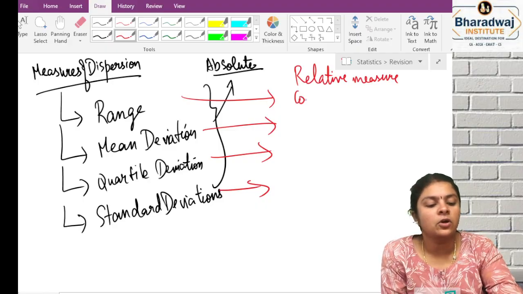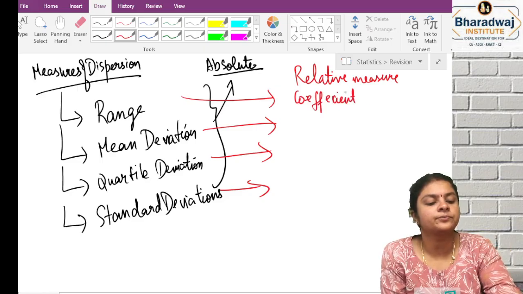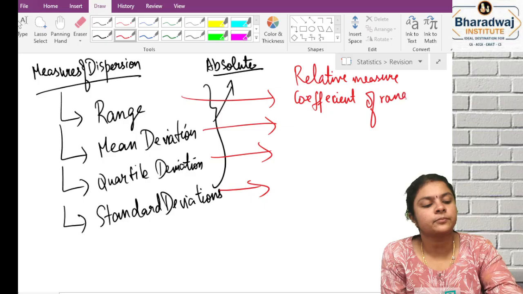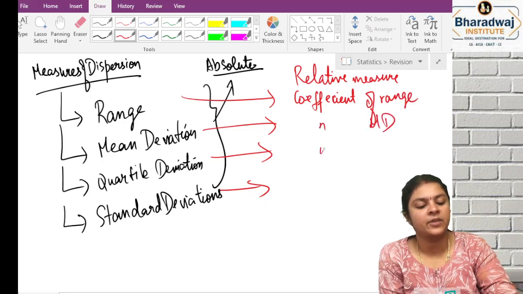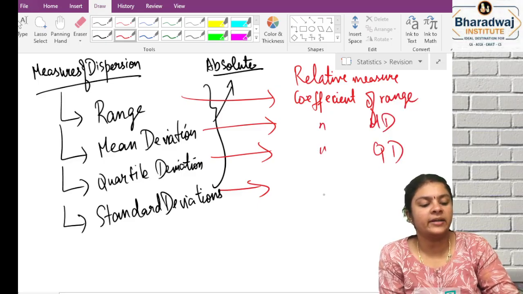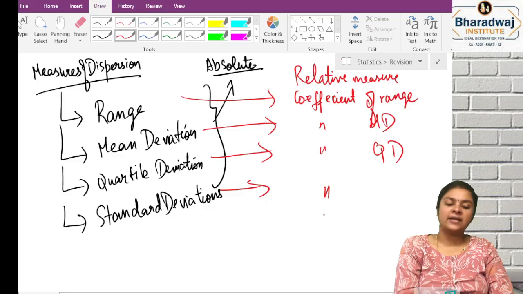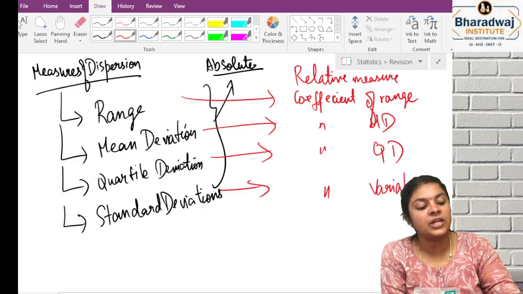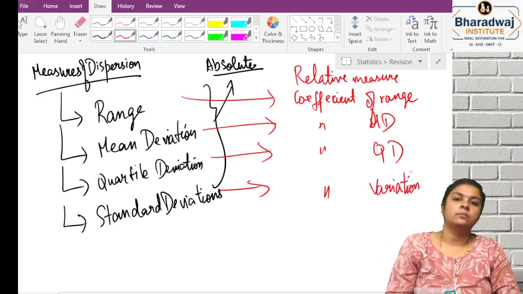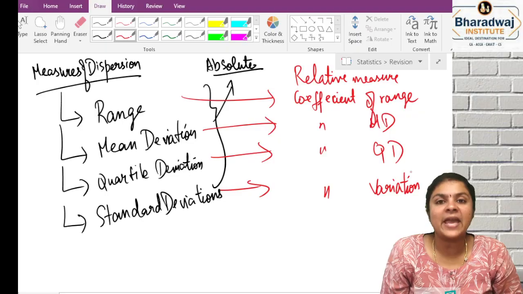So for range, it is called the coefficient of range. This is the coefficient of mean deviation. This is the coefficient of quartile deviation. And for standard deviation, we use the coefficient of variation.